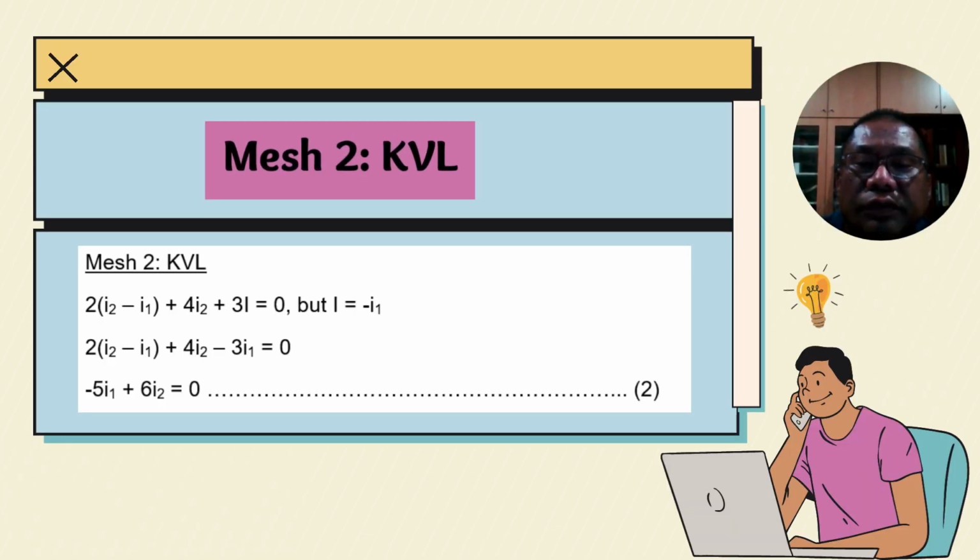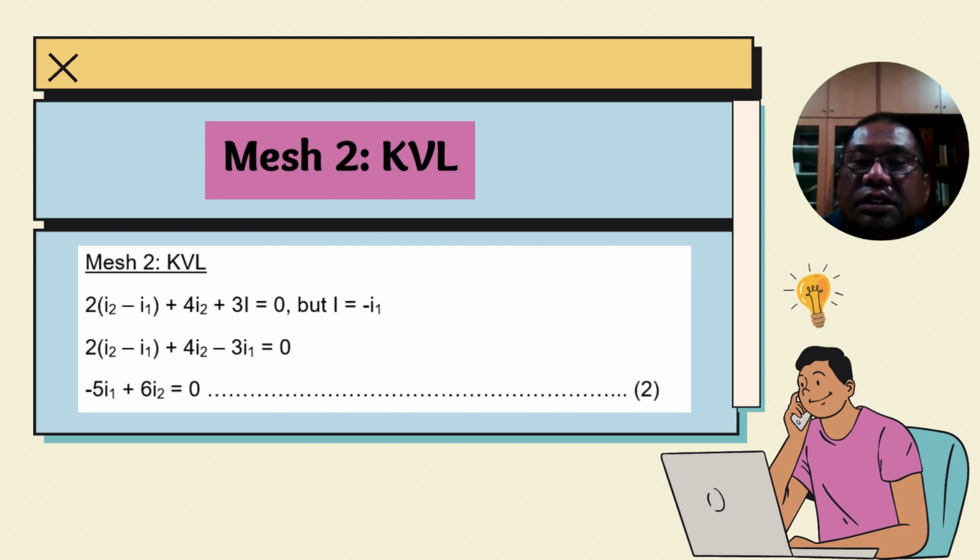Now, if we look at the right hand side of the circuit, again using mesh analysis, again we go clockwise. Now I2 is the main current. So we start from the 2 ohm resistor.